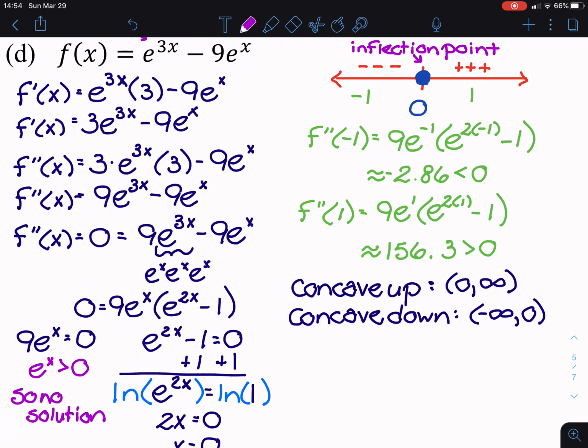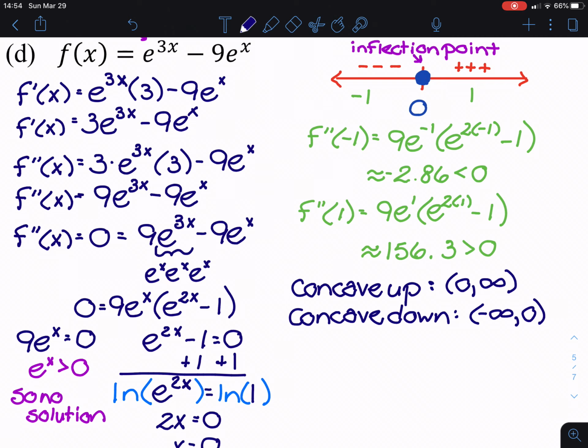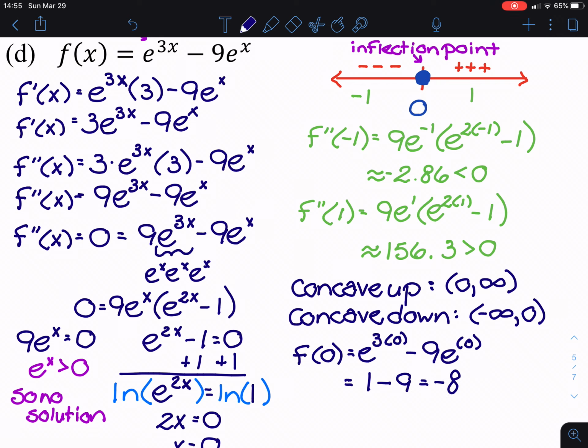So I put 0 back into my original equation. I have to go all the way back to e to the 3 times 0 minus 9 times e to the 0. Well, e to the 0 is 1, and 9 times e to the 0 is 9, so 1 minus 9 equals -8.